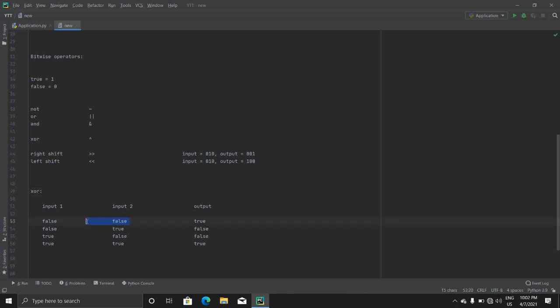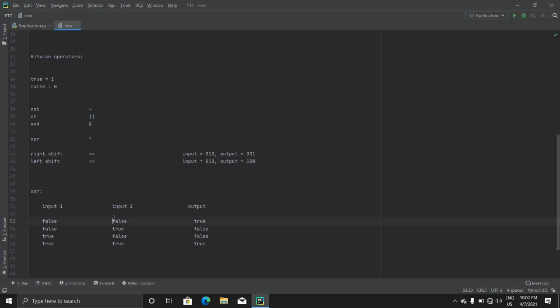In this case we have 2 inputs. When our 2 input values were equal, then we get true. If you had 3 inputs here, then we get true only if our three inputs were the same.